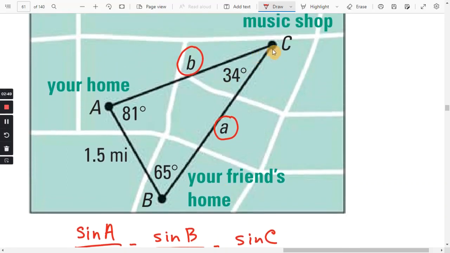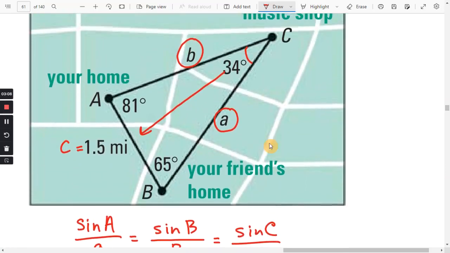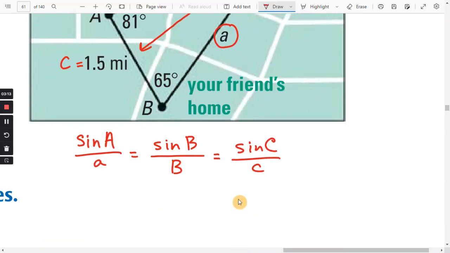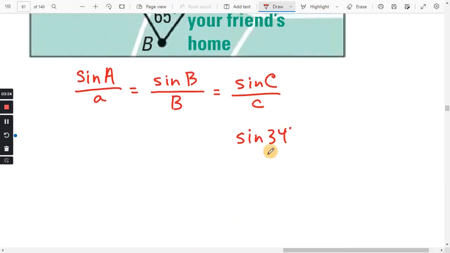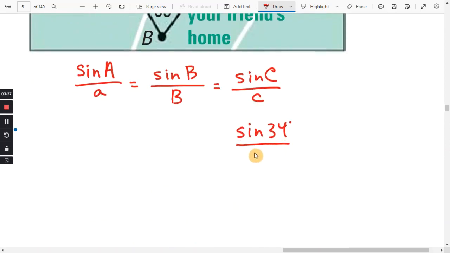At point C we have the angle, and across from point C we have the side as well, so this side length is going to be c. Since we have both the angle and the side, we're definitely going to use the one with c. So sine of C is the sine of 34, and side length c is 1.5.